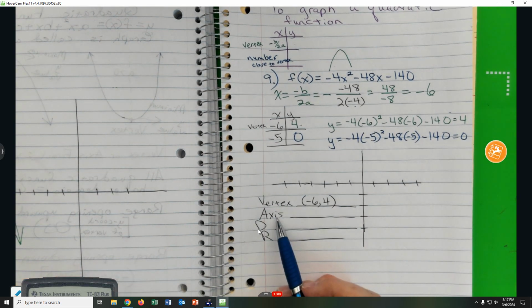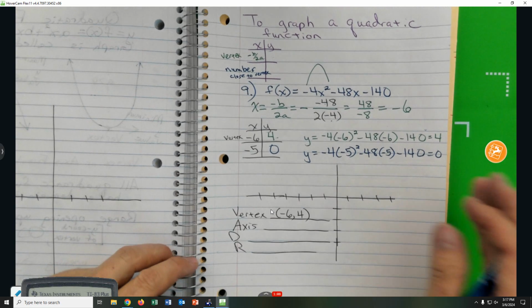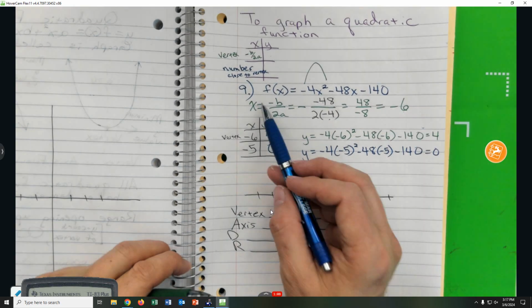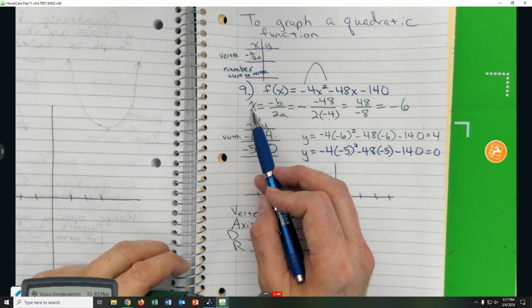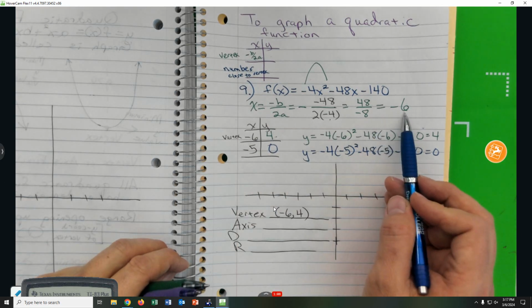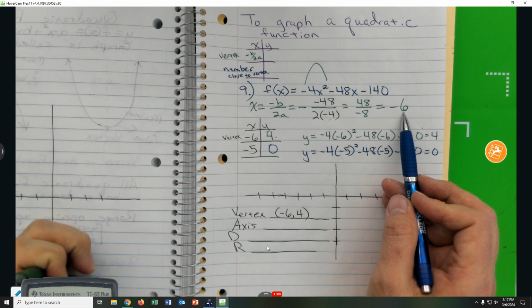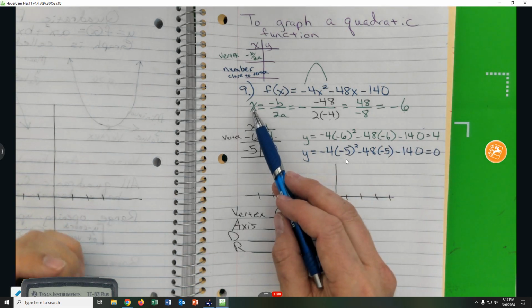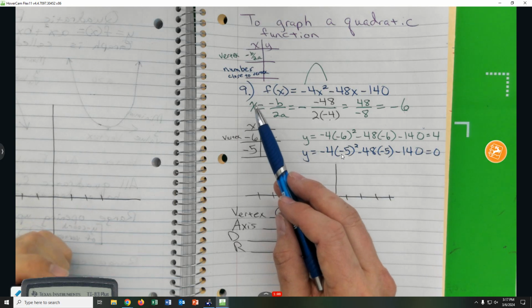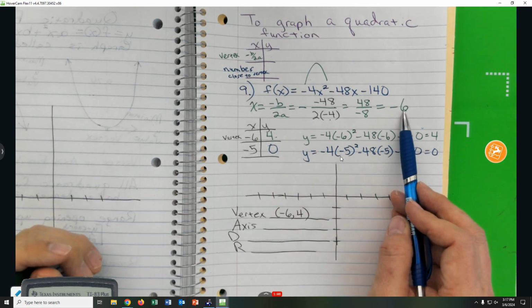The axis. The axis is this little formula you got. x equals -6. Back when y'all graphed lines, we said that a vertical line is in the form x equals a number.